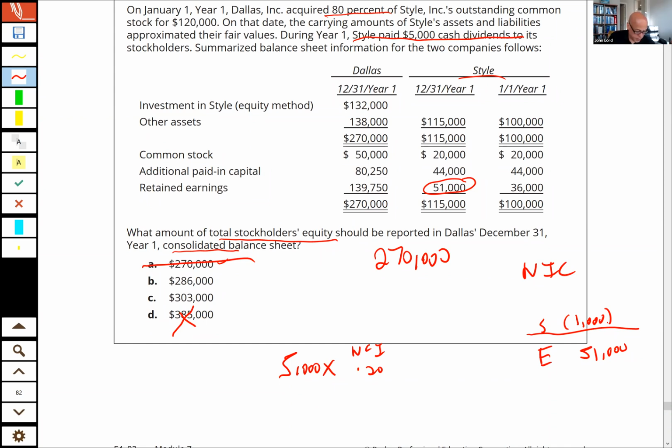So what happens? I have to basically sit here and say, well, if 120,000 was the amount that was paid for this subsidiary, 120,000 divided by 80% means that the company is worth 150,000. And 20% of that is going to equal 30,000 here, right?